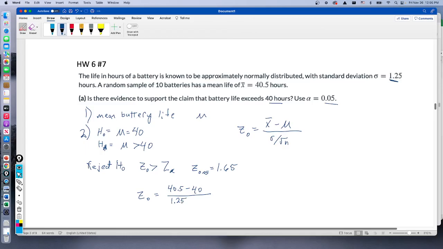And we're going to divide that by the square root of the sample size, 10 batteries. If you do the math on that, you should get 1.26.